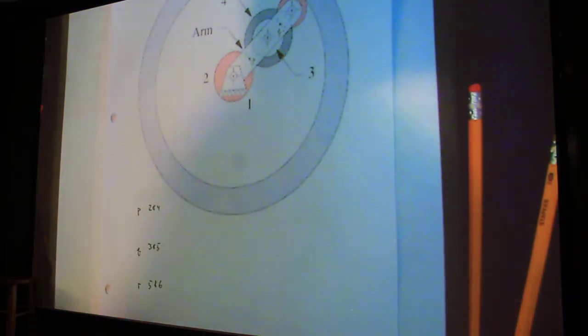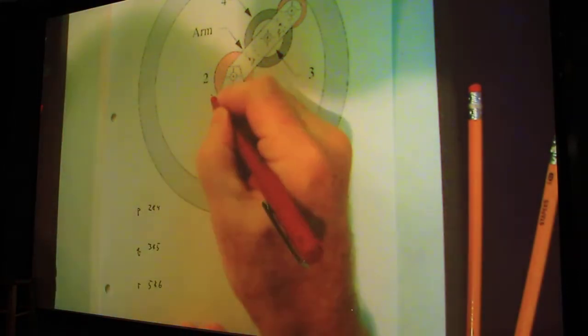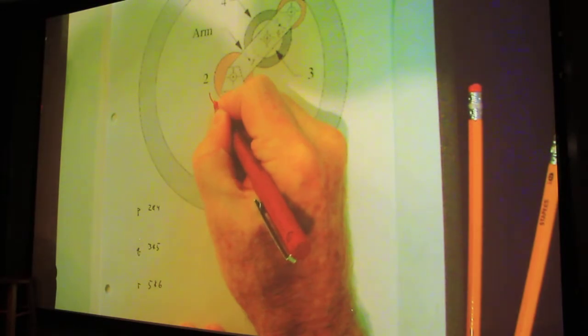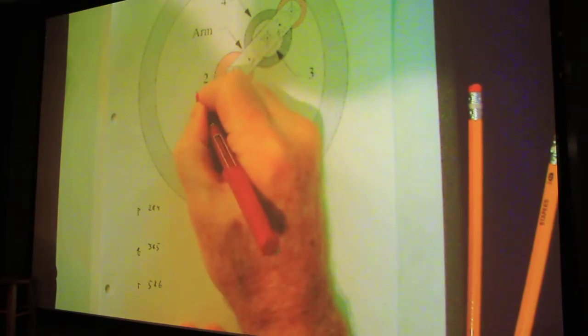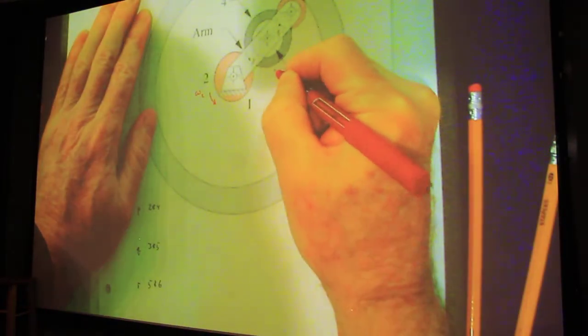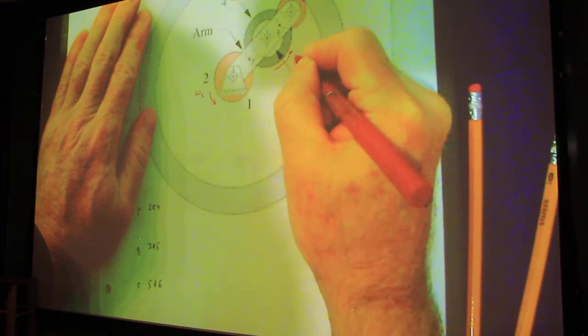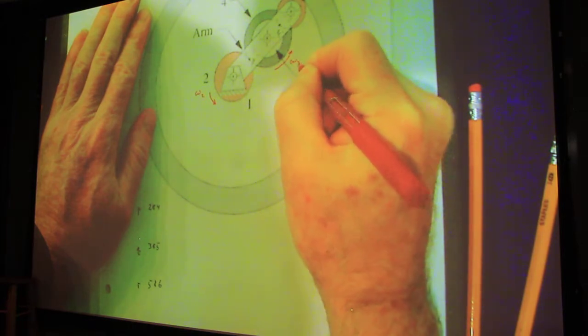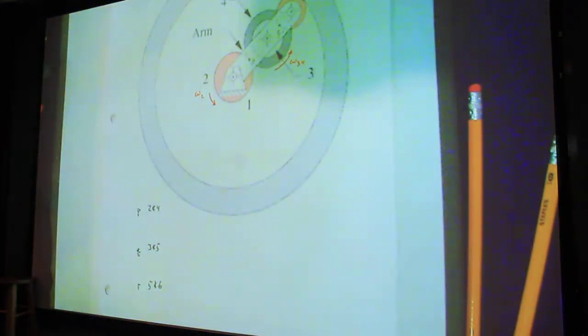All right, so then step 2 is to label the directions of these all being positive. So this is omega 2. This right here is omega 3, 4, because 3 and 4 are actually attached and moving together.